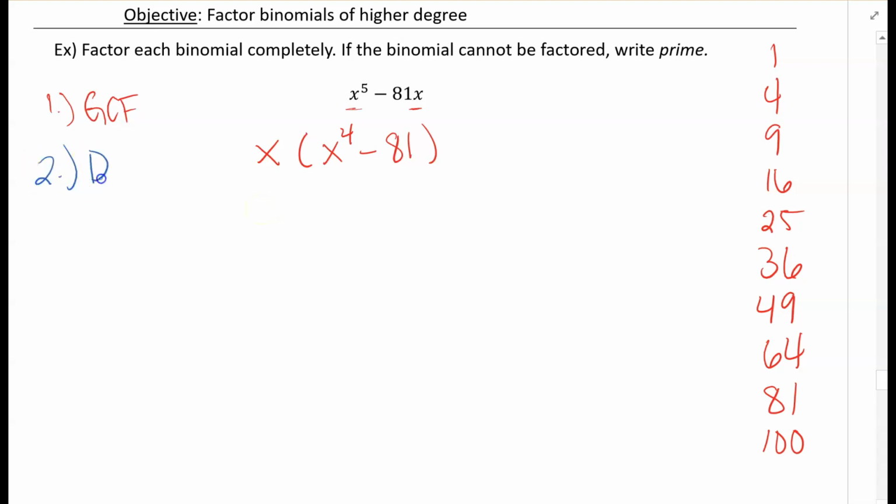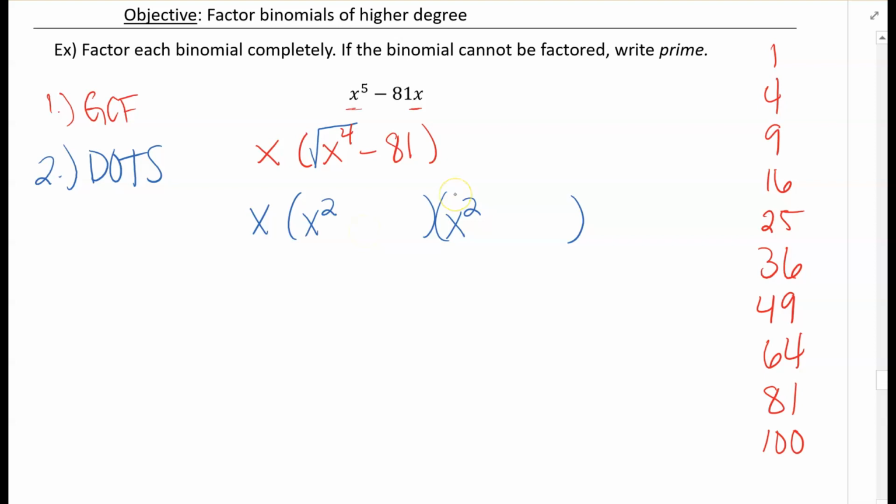My DOTS, difference of two squares, I am going to split this up. Okay, so then my x to the fourth, if I take the square root of that, x to the fourth split evenly would be x squared, okay? And if you think about that, it's because if you multiply x squared times x squared, the rule for multiplying is to add the exponents if you have the same base.